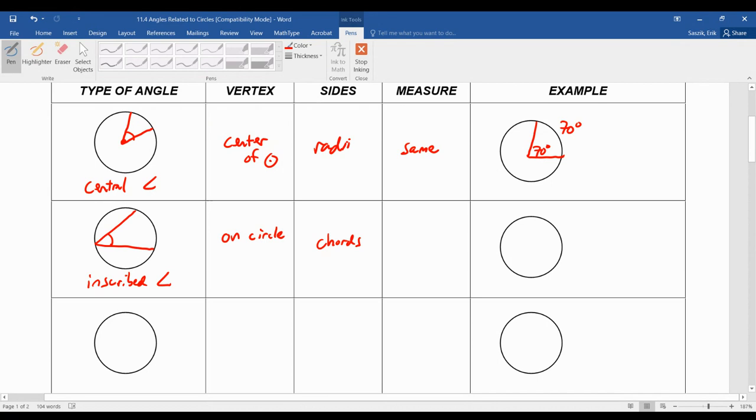Hopefully you remember, the inscribed angle is half of the intercepted arc. We did a proof, I think it was back in the 11.2 lesson, a little short improvisational proof there, and there's some stuff in the textbook as well. So what that means, of course, is if this arc is 80 degrees, this angle down here would be 40.